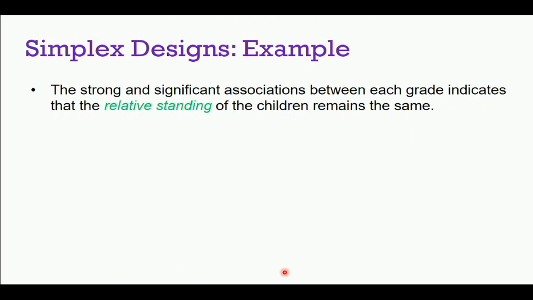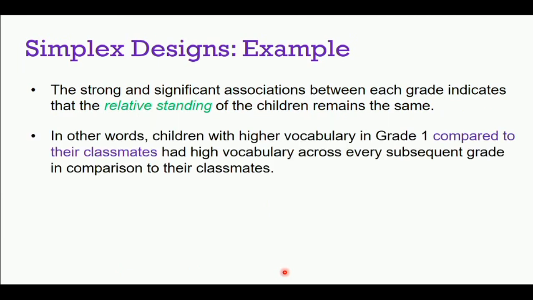Okay, so the strong and significant associations between each grade indicate that the relative standing of the children remains the same. In other words, children with higher vocab scores in grade 1 compared to their classmates, it's always relative to their peers, had high vocabulary scores across every subsequent grade in comparison to their classmates.